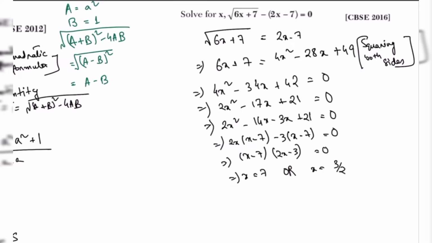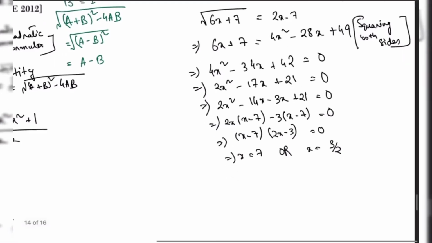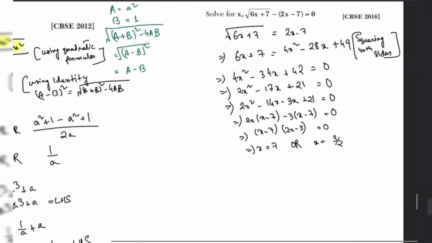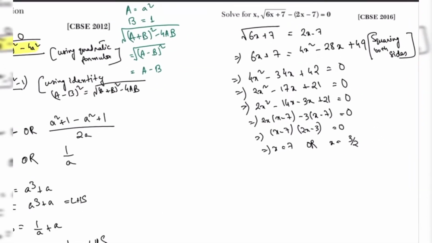Now notice that we squared both sides in the process of solving the equation, which means that one of these solutions will actually satisfy the original equation and one of these will not. Let us see what happens. For x equal to 7, we have that LHS is root over 42 plus 7 minus 14 minus 7.